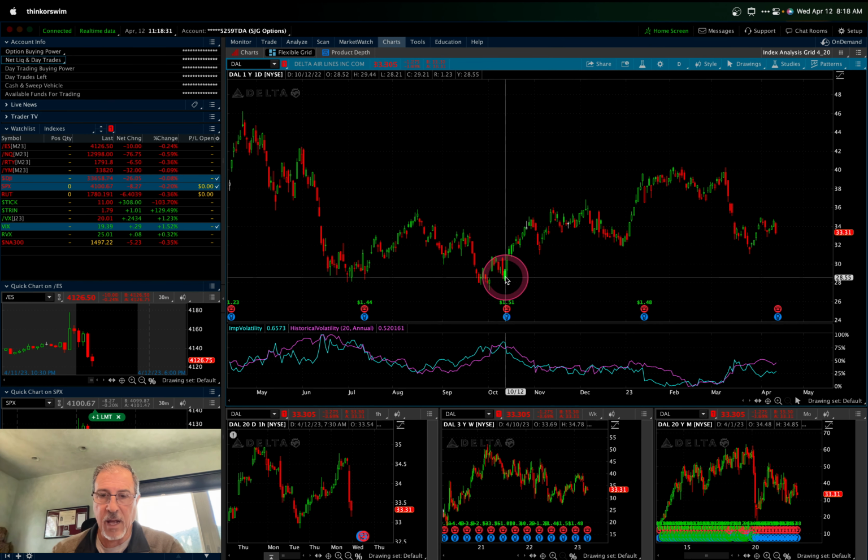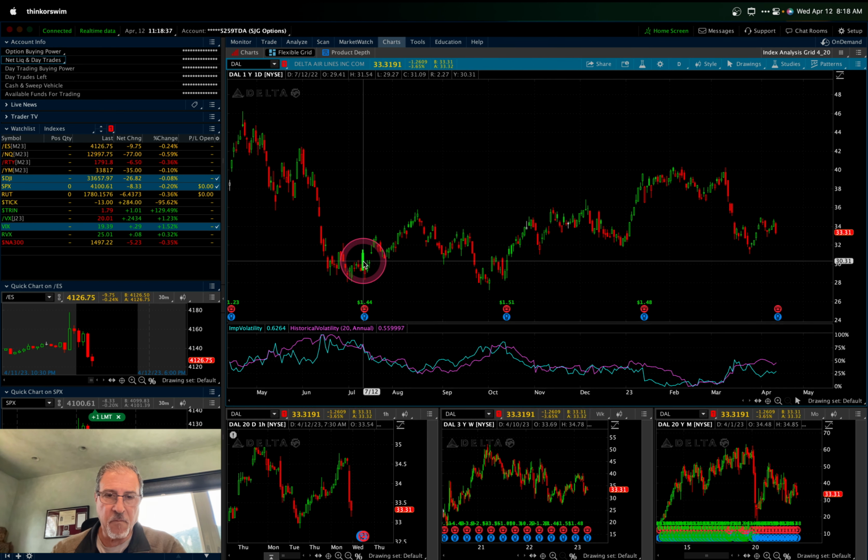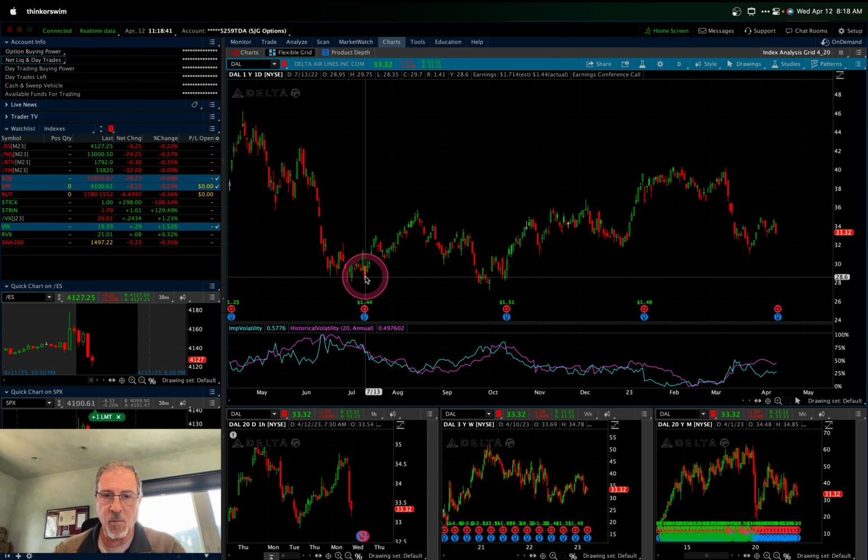We closed down, and this opening was pretty flat. This one, a fairly significant drop from about 31 down to about 28 the next morning, so about a $3 move. Those are things you look at to see how this stock has moved previously when they've had an earnings announcement.